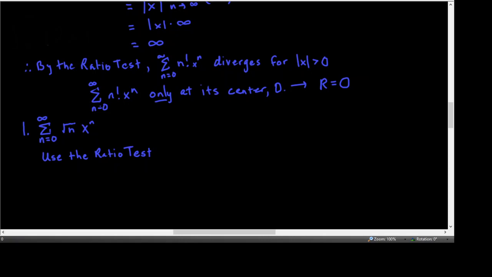Okay, so let's set this up, the limit as n approaches infinity of the absolute value of that formula with n plus 1 for each n, divided by that formula as is with n in it.